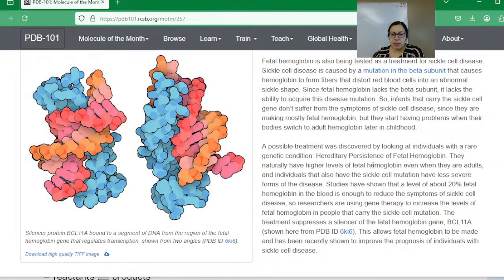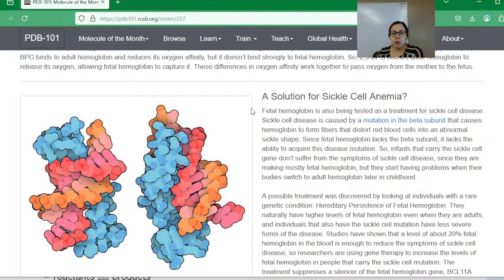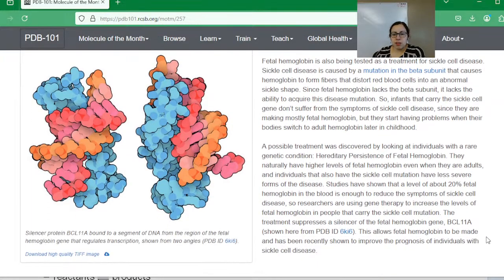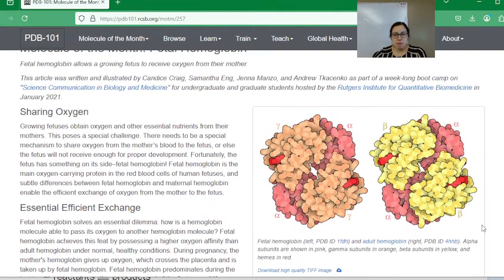What they found is that if you have fetal hemoglobin, it's not susceptible to the sickle cell mutation. They're trying to explore gene therapy as a way of maybe giving people affected by sickle cell some fetal hemoglobin, and that would improve the symptoms. Interesting to think about, especially those of you who are more biology minded.